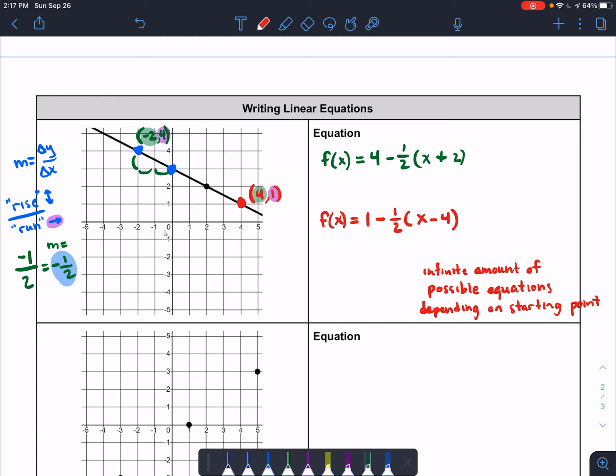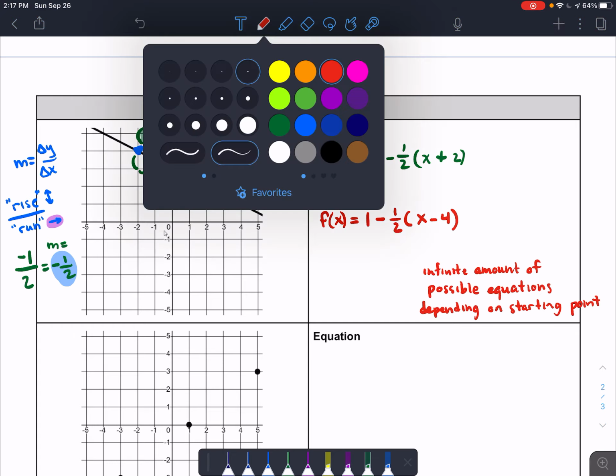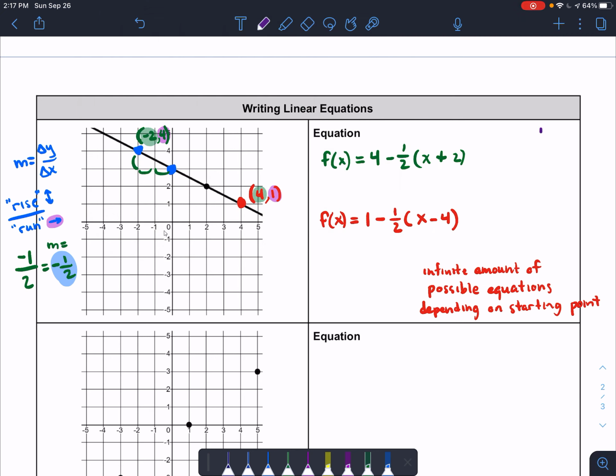Now, the one other thing that I want to make sure we cover really quick, because I don't know if I did it in the last video, I'm going to do it again, hopefully pretty quickly, is let's say you don't love this rise over run method. What you can always do, guys, is put a couple of points into the table. So maybe I pick that first point of -2, 4, and the next one is at 0, 3. Okay?